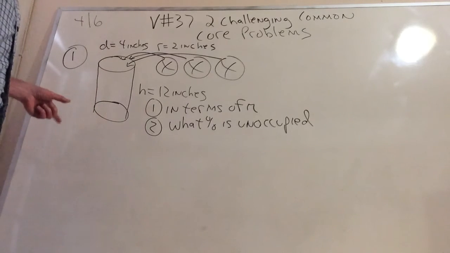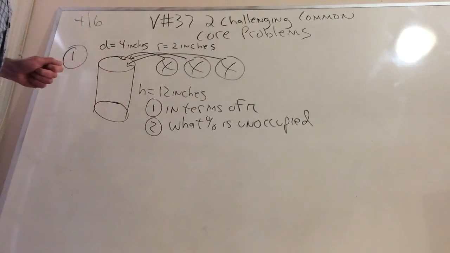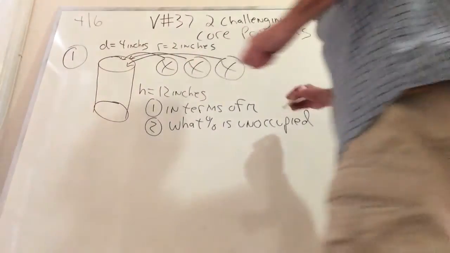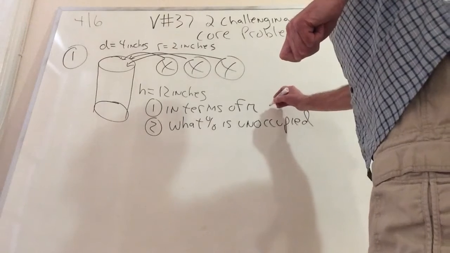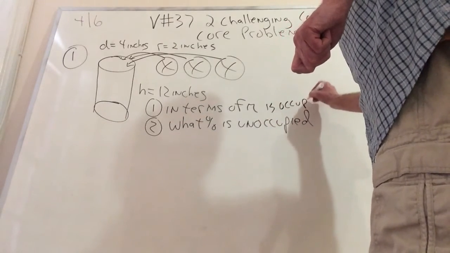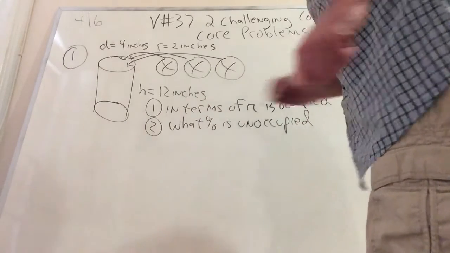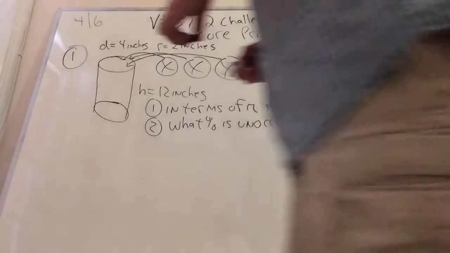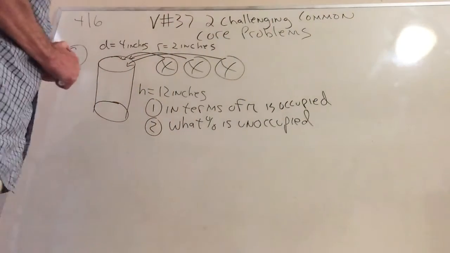The question would be, number 1, in terms of pi, what part is occupied? We'll say occupied. I should have written that there. And what percent is unoccupied? And as I mentioned, you're welcome to use a calculator if you think it behooves you.